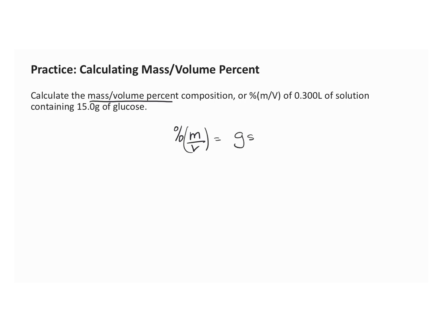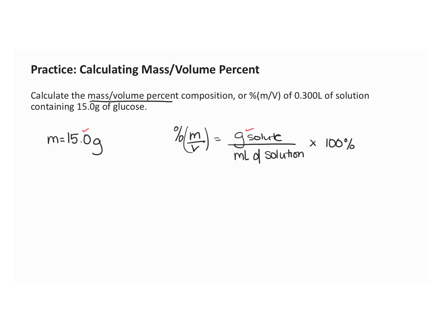That's the grams of the solute divided by the milliliters of solution multiplied by 100%. Here we have a mass, 15 grams, and that equals the grams of the solute.